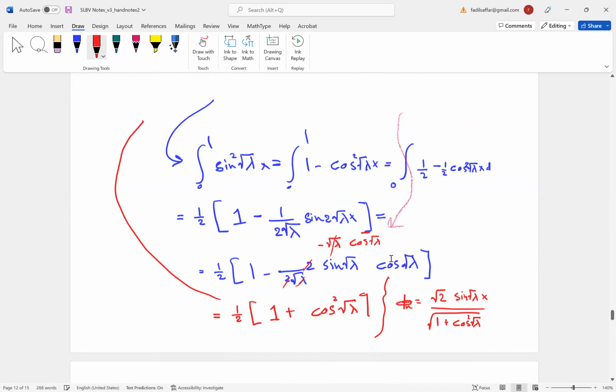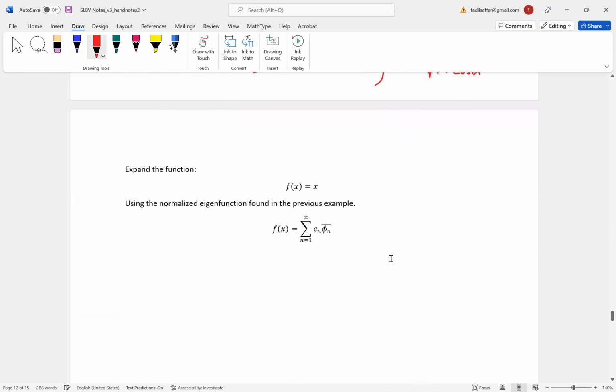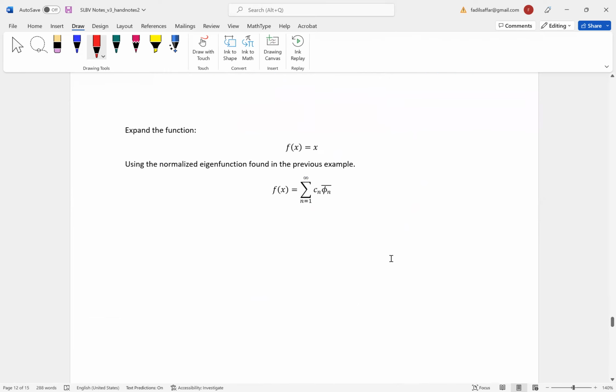Now we want to test the expansion and what we said in terms of vectors and expanding any functions.